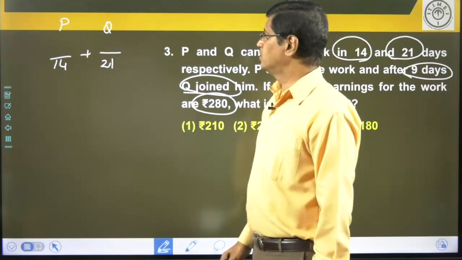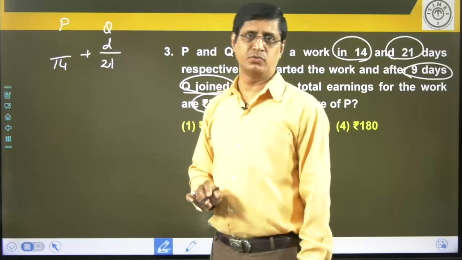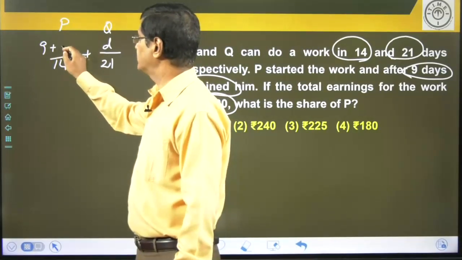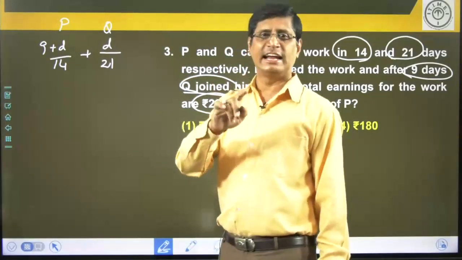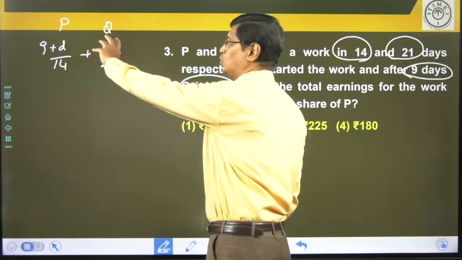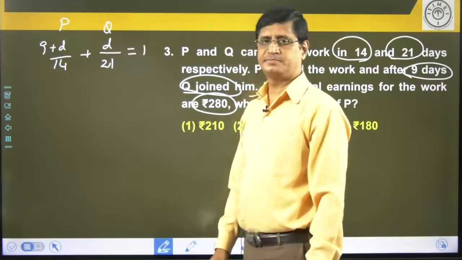D days is the number of days that Q worked for, whereas P worked for 9 plus D days, since he started 9 days before Q joined. The part of the work done by Q and the part of the work done by P, the sum of these two is equal to the total work.